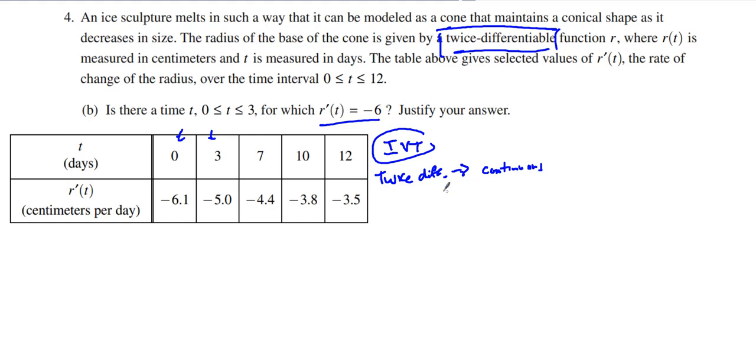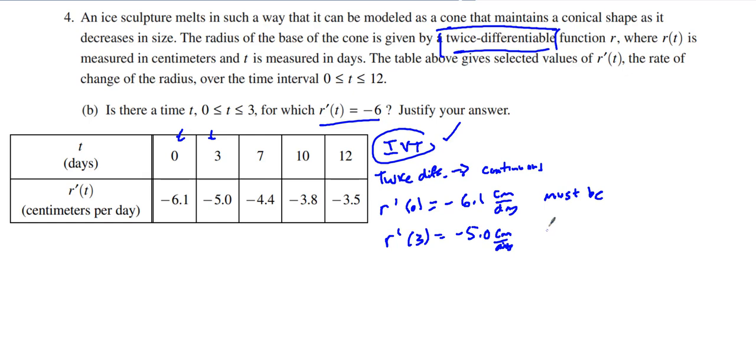Remember, on a test you want to write out intermediate value theorem. And so, therefore, you can say if r prime of 0 equals negative 6.1 centimeters per day, and r prime of 3 is equal to negative 5.0 centimeters per day, according to the intermediate value theorem, we know that there must be a time t where r prime of t equals negative 6.